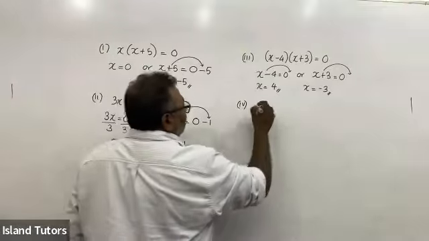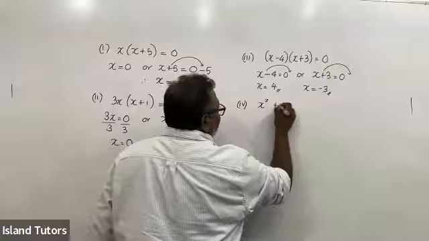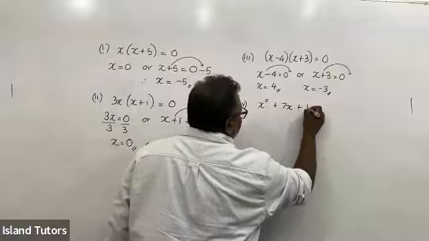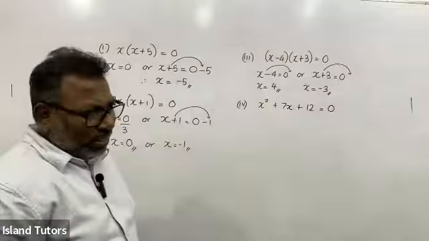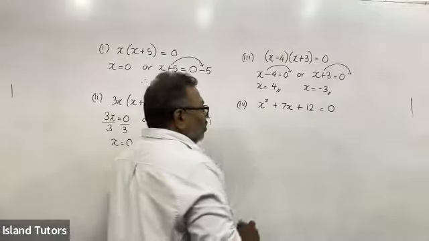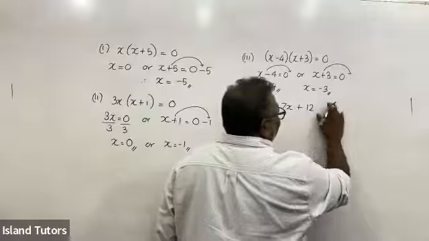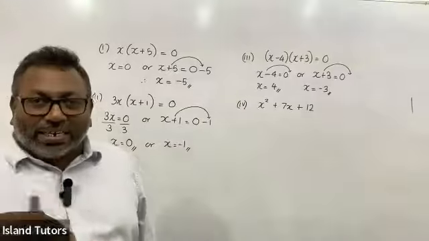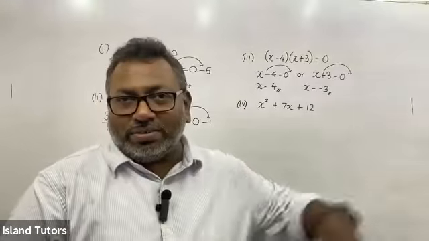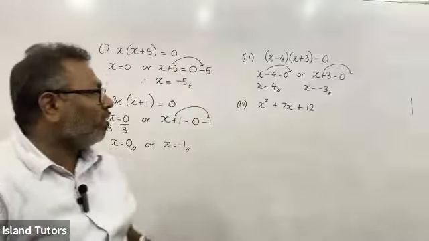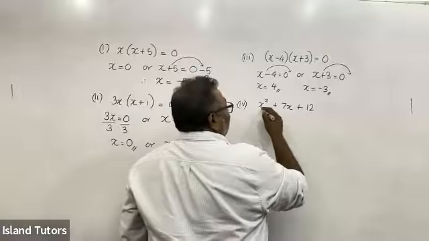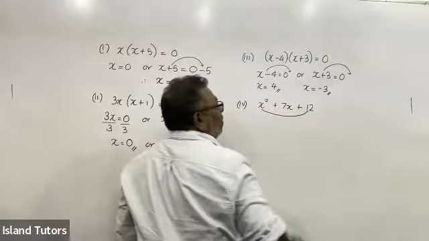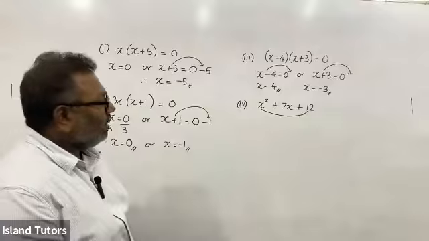The other one, x squared plus 7x plus 12 is equal to 0. Right? So now, what do we need to do? We need to factorize this quadratic equation. Yeah, we need to find the factors of this. So we know how to find the factors. How do we do that? Take the first term, multiply by the last term.